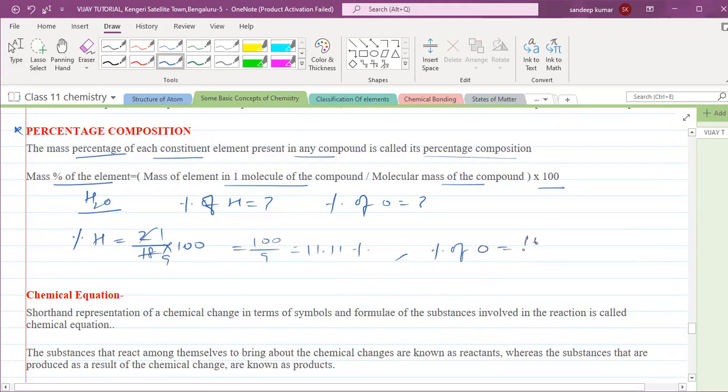So 16 by 18 into 100. If you cancel by 2, this is 8 by 9, so 800 by 9. You solve this. So we'll get the percentage of oxygen as 88.8, something like that.